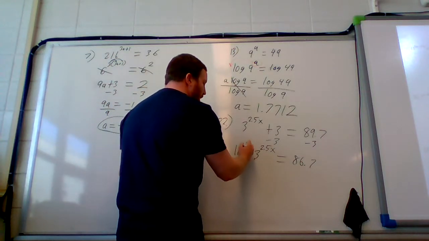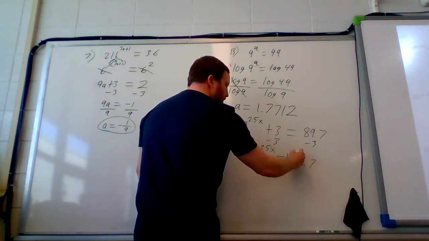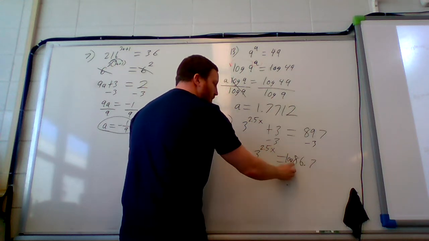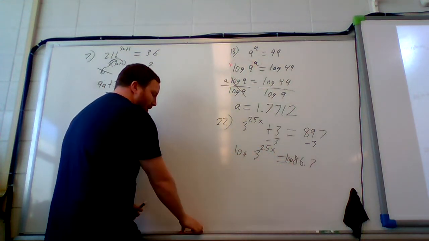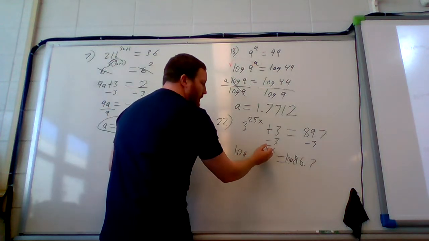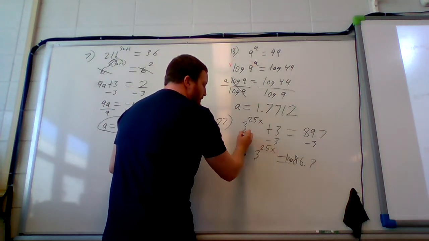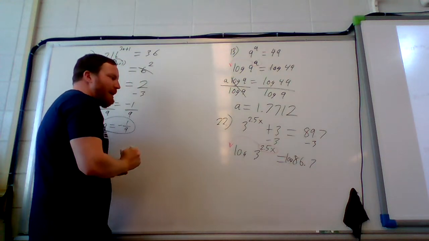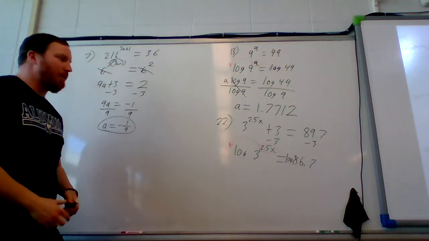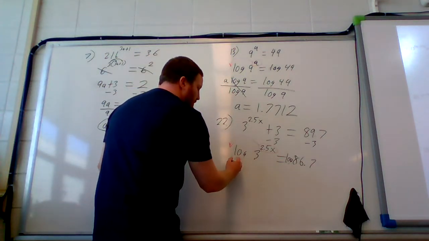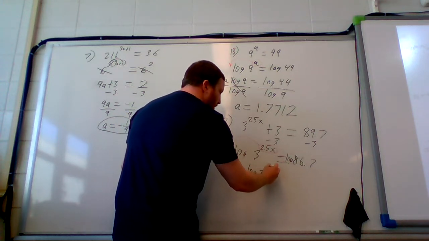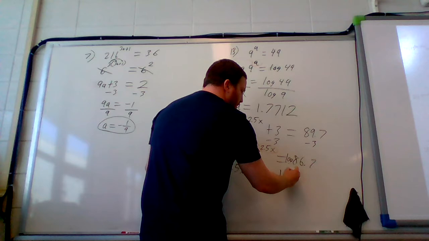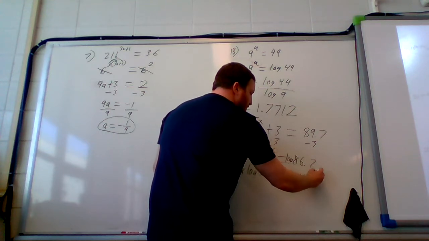So I'm just going to throw my log in front. Again, that then allows us to move my exponent from the exponent and multiply it down in front using that power property. So we have 2.5x log 3 equals log 86.7.